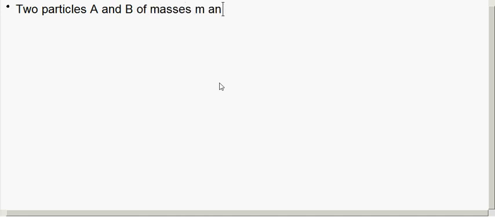Two particles A and B of masses m and 2m have charges q and 2q respectively.